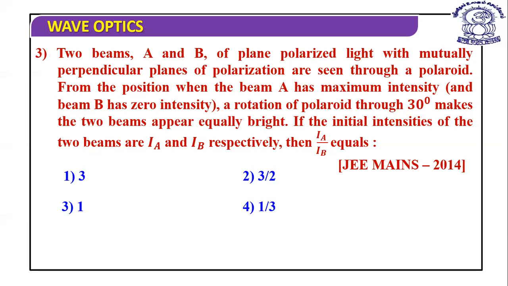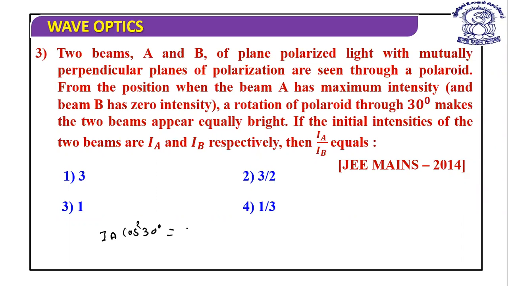Initially, they were mutually perpendicular. Now one has been rotated by 30 degree. So A makes angle 30 degree and B will make angle 60 degree with the axis.